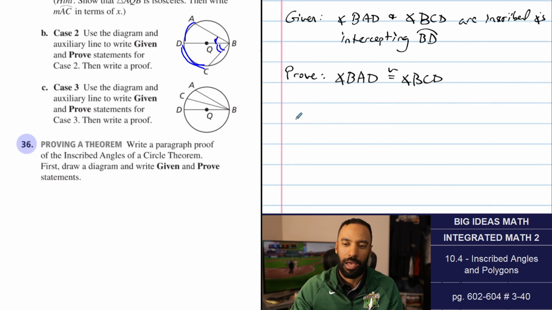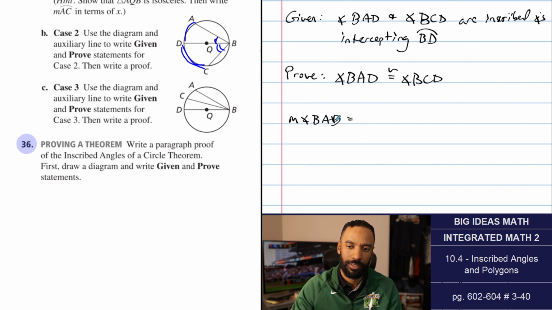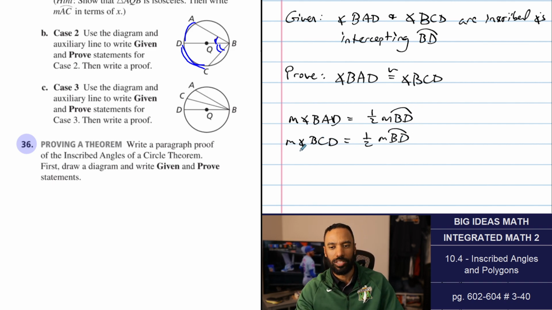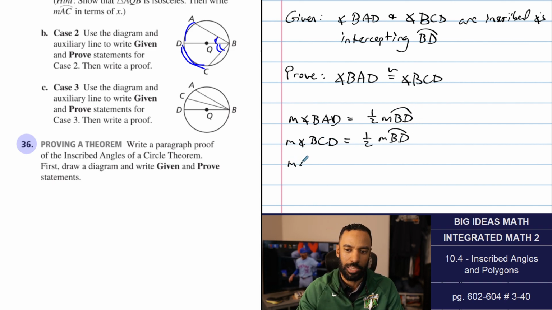Okay, let's do that again. The measure of angle BAD will be half the measure of arc BD, because that's how inscribed angles work. And the measure of angle BCD will be half the measure of arc BD as well. Once again, they share the same intercepted arc. By the transitive property of equality, we can say that the measure of angle BAD equals the measure of angle BCD.